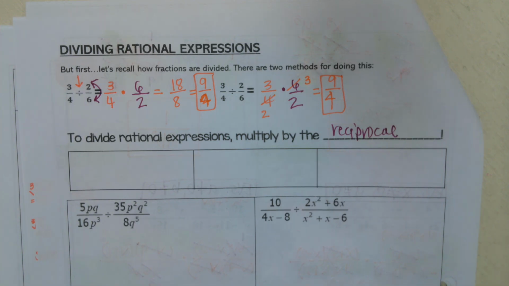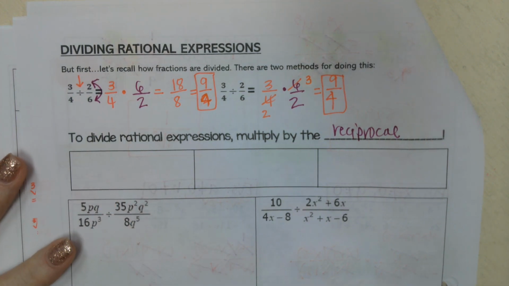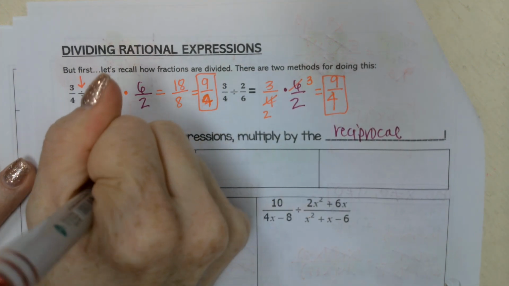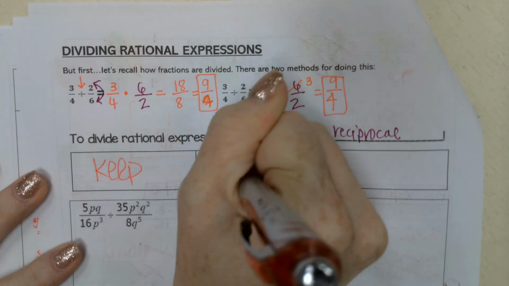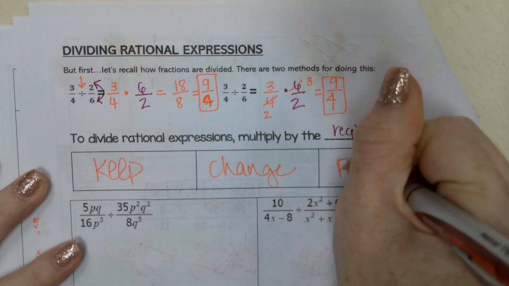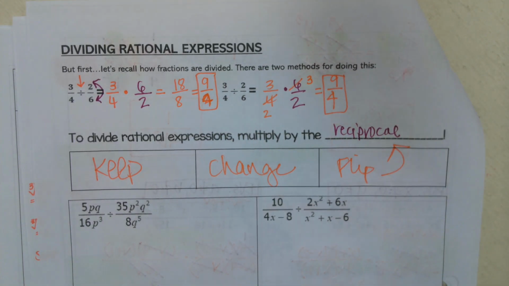All right, now, typically, all I'm saying here is that I'm multiplying by the reciprocal. We often say keep, change, flip. But the flip is referring to that reciprocal. Okay? Keep, change, flip.